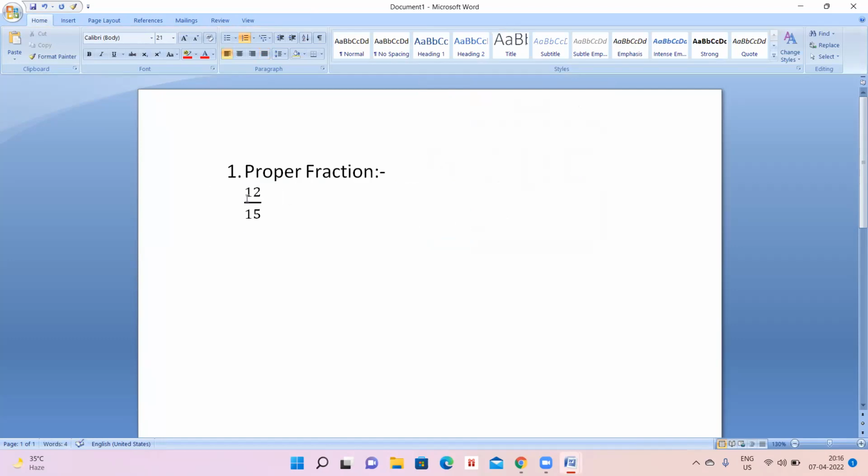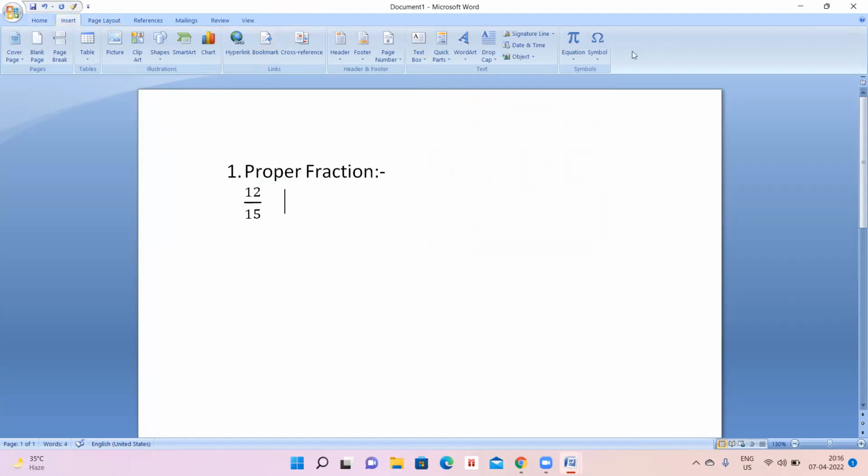If we write the same number in A upon B format, you know that 12 is the numerator. I just write n to denote the numerator, and 15 is the denominator, which I denote by d.